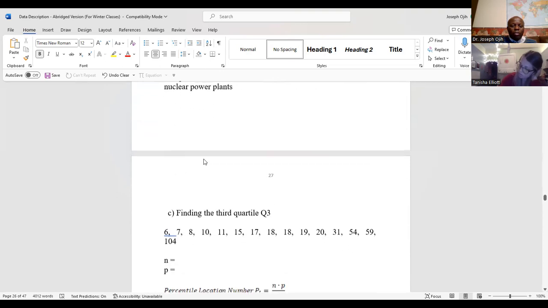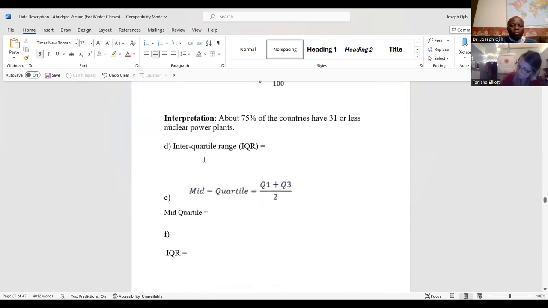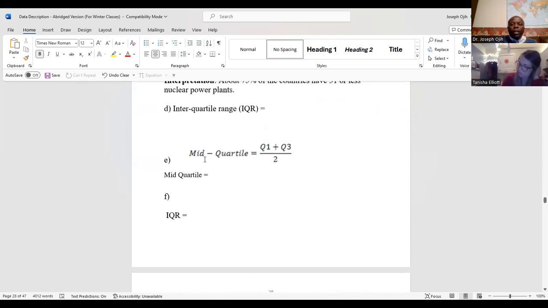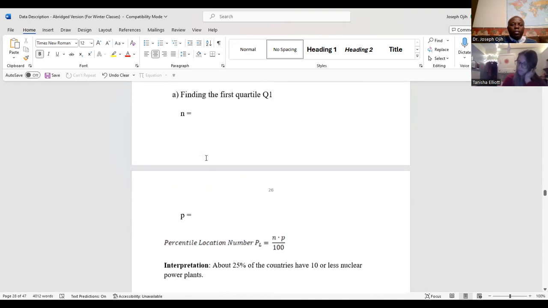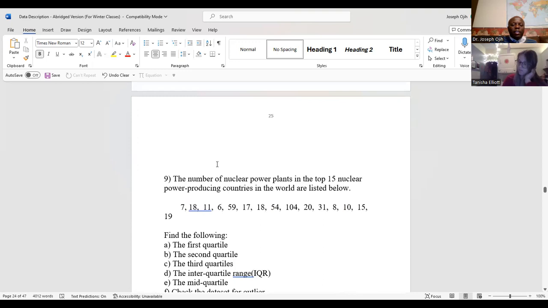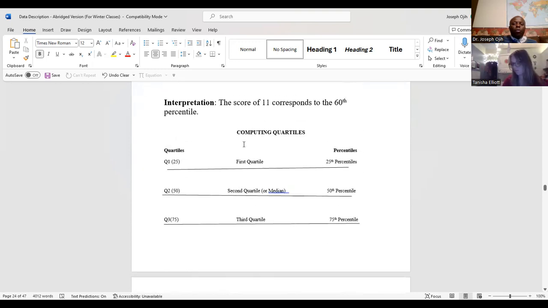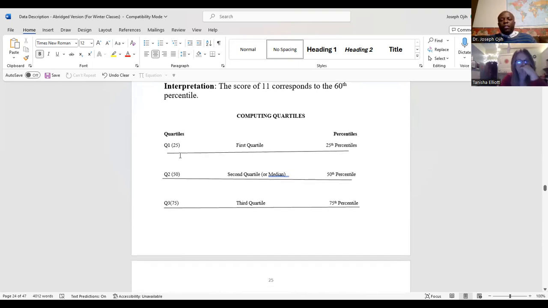Okay, no question. So let's do the quartiles then. The quartiles, like I said, divide the data sets into 4 equal parts separated by Q1, Q2, Q3. If you look at the screen, you can see that there is a relationship between the quartile and the percentile. The first quartile is the same as the 25th percentile.